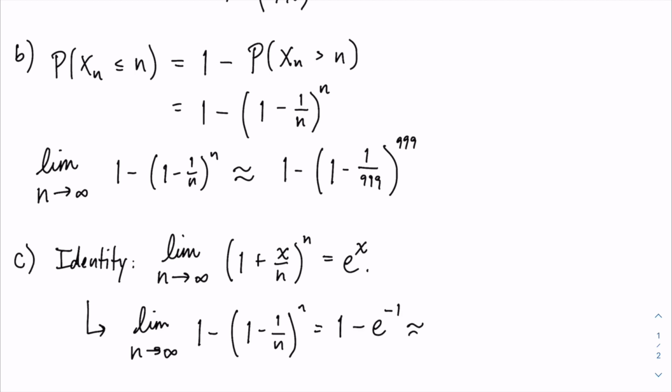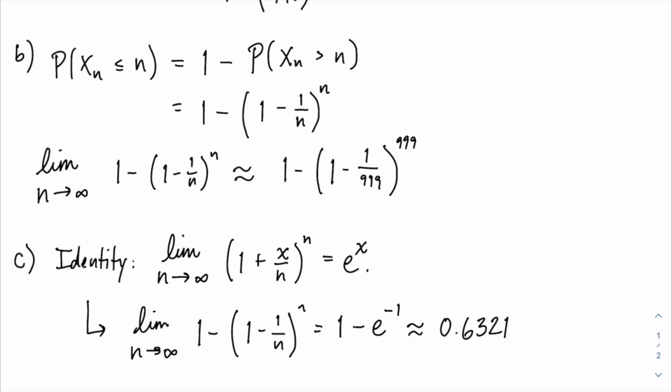Okay, and if we do a decimal approximation of that, we get that this is about 0.6321. So the probability that we'll have a success within n tries, if we have probability of success being 1 over n, is about 63.2%.